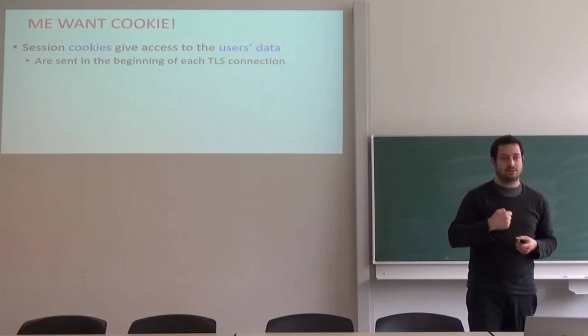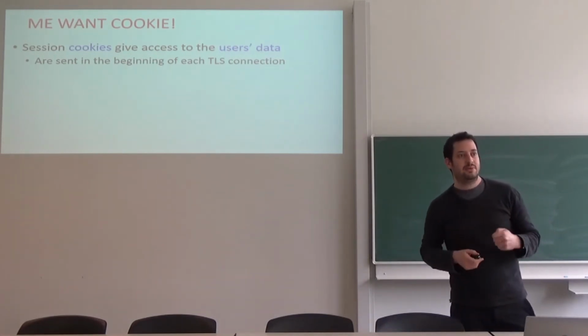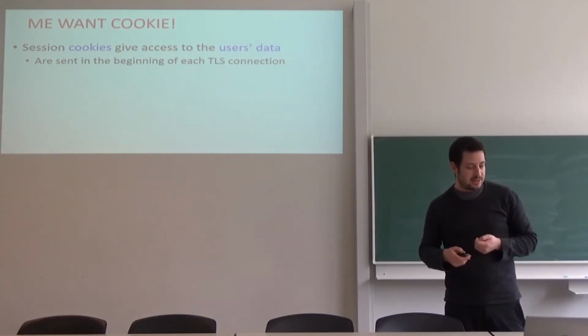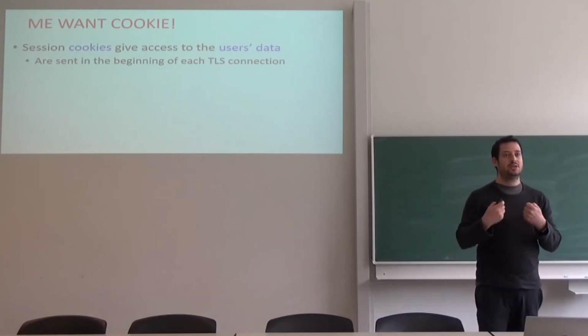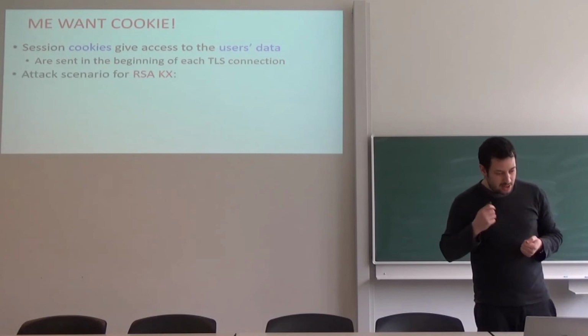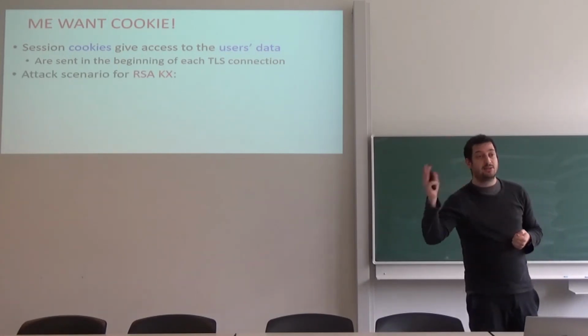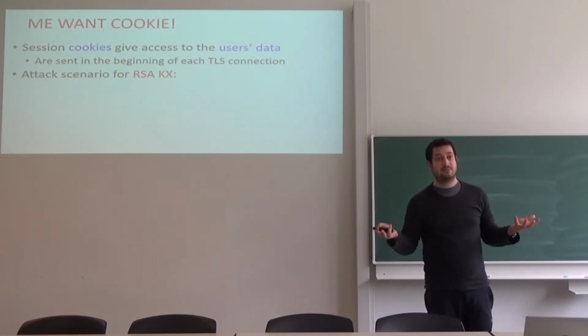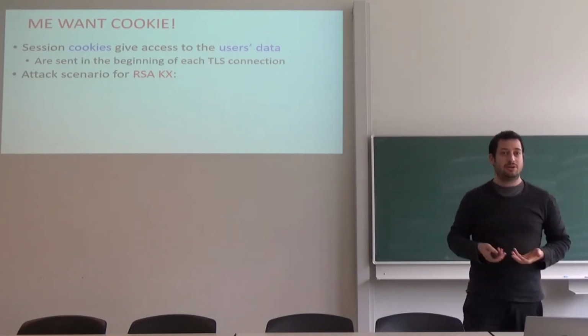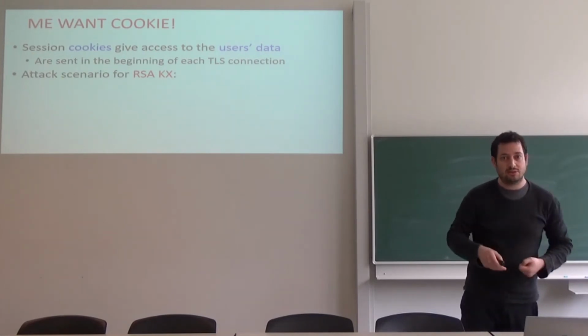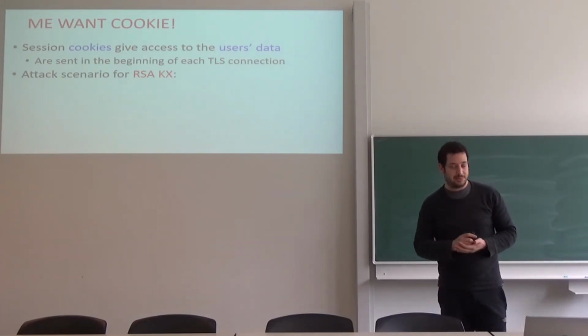It is stored by your browser, and when the browser sends this to the server, the server knows that you are connected. This cookie is sent in the beginning of each TLS connection and allows you to log in without putting your password. And basically the idea is that when we get this cookie, we don't need anything else. We just use this cookie to connect to your Gmail account and take all of the emails straight off the server. We don't need to actually break your encryption.